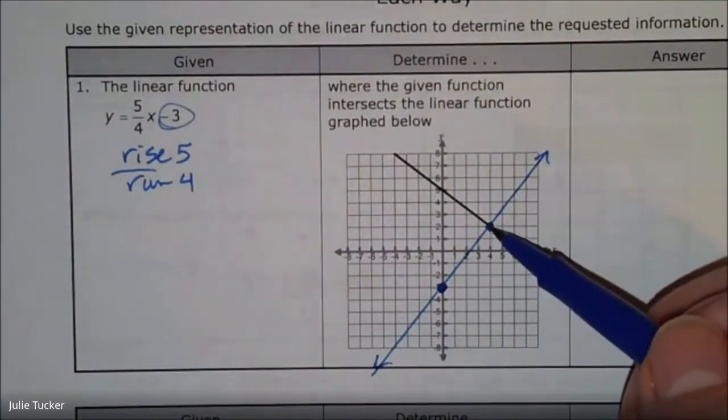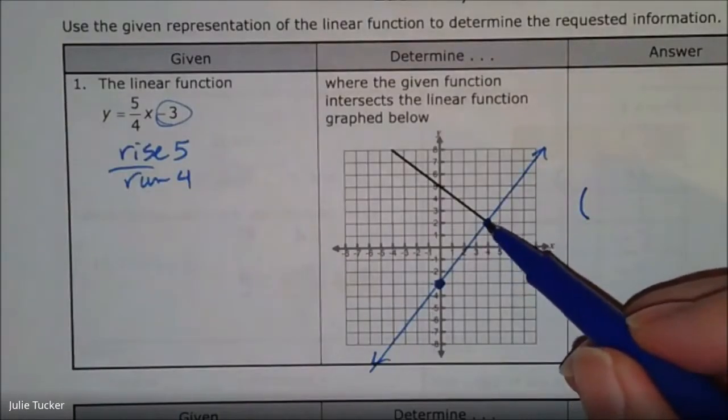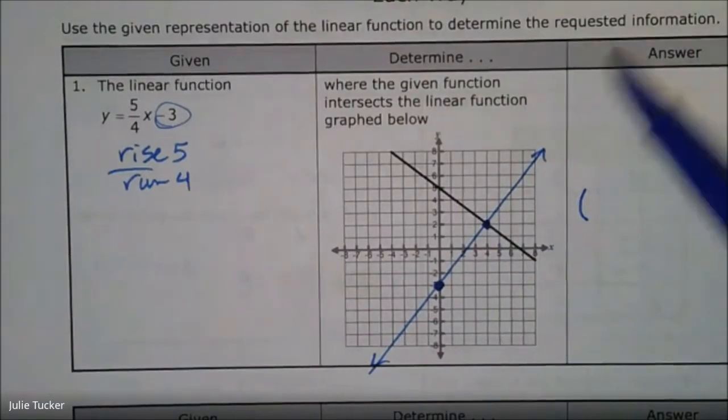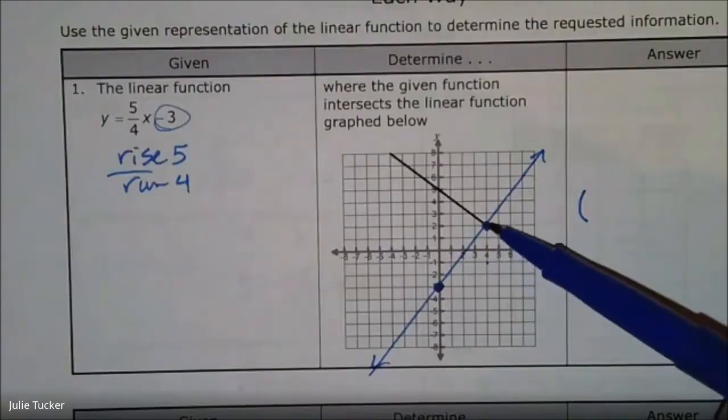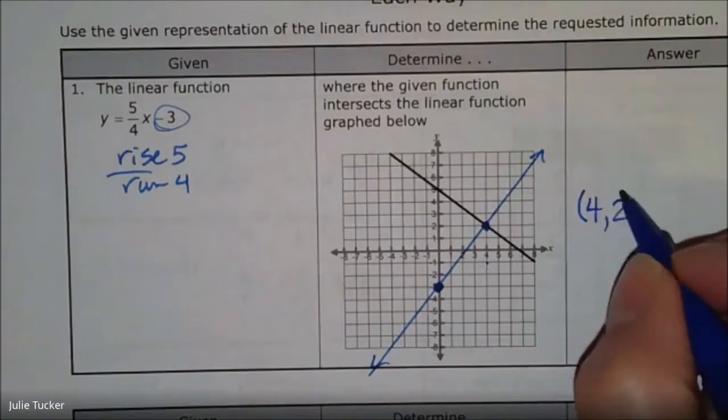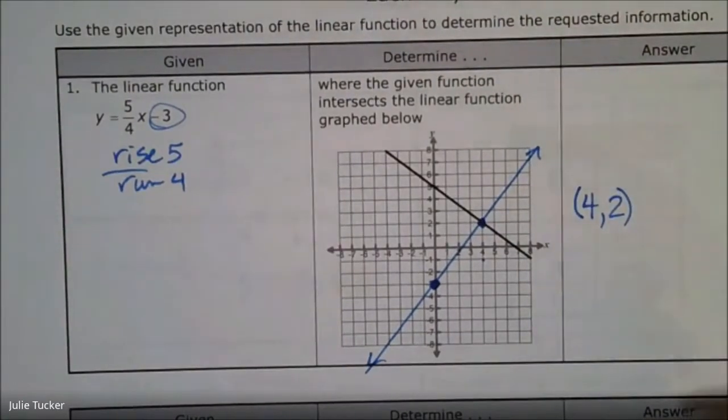The coordinates of the intersection are the x coordinate for that point right there, what is the x coordinate? 4. And the y coordinate is? Good. So we have to write 4, 2. X always comes before y.